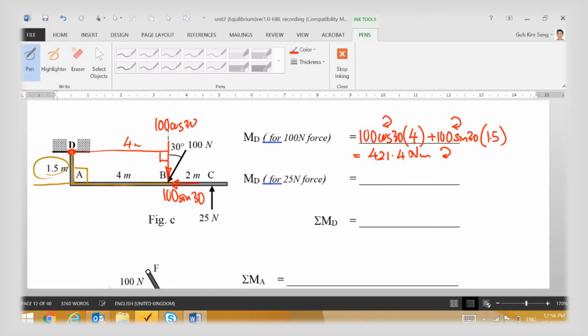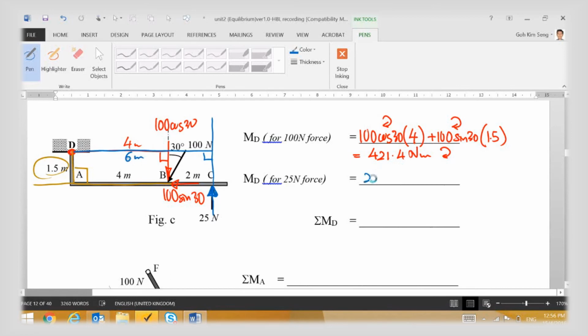As for the 25 Newton, always go through the same motion. If you're not sure, you produce this line of action, and then from the point where we consider the moment, you drop a perpendicular distance, and that is 6 meters.